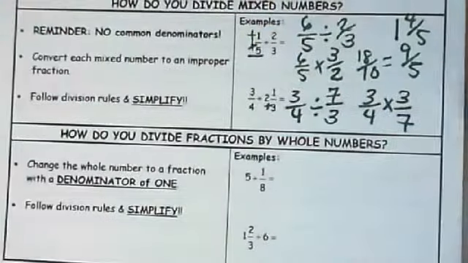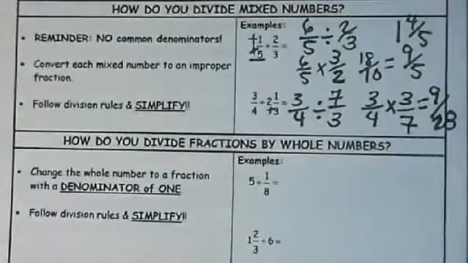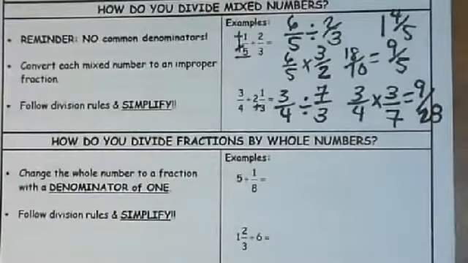Then multiply. So then I would get 3 times 3 up top would be 9, and then 4 times 7 is 28. And this is simplified because nothing can go in top or bottom except for 1.